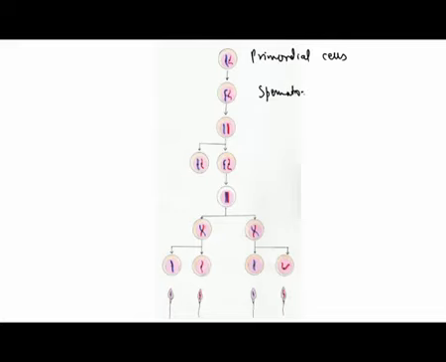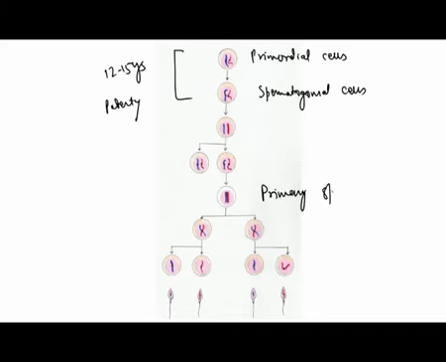So, this is nothing but spermatogonial cells, and this is happening from birth to 12 to 15 years of age, and by the time one is reaching puberty, the spermatogonial cell in the testes is getting matured and dividing to form a primary spermatocyte.